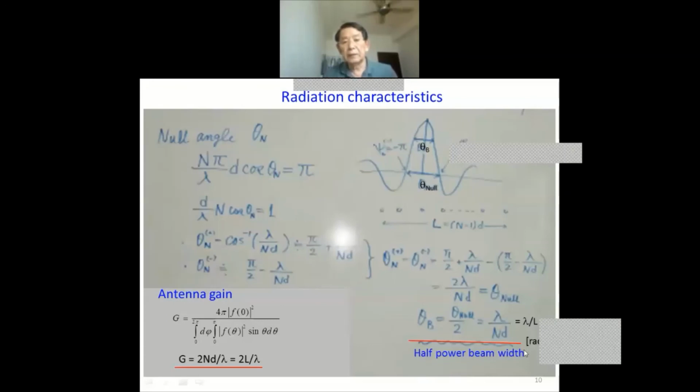If we want to understand it in degrees, then we multiply: the conversion from radian to degree is 180 divided by pi. This number is multiplied to radian and that can be converted to degree.